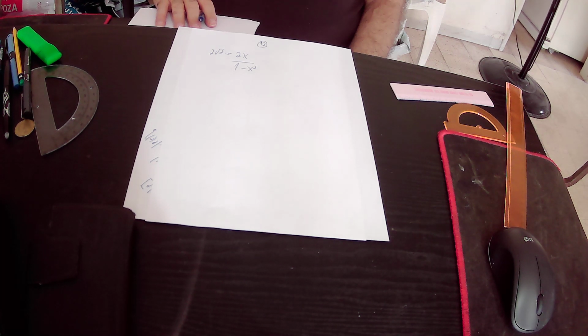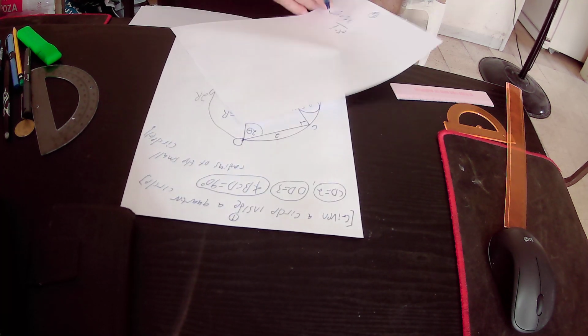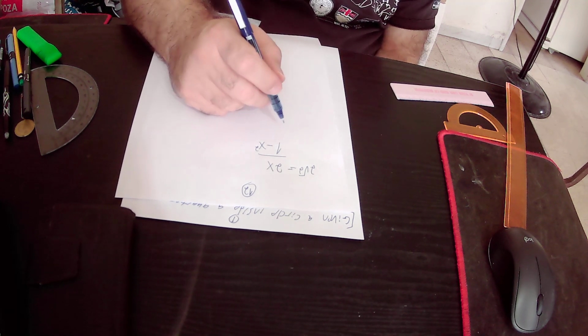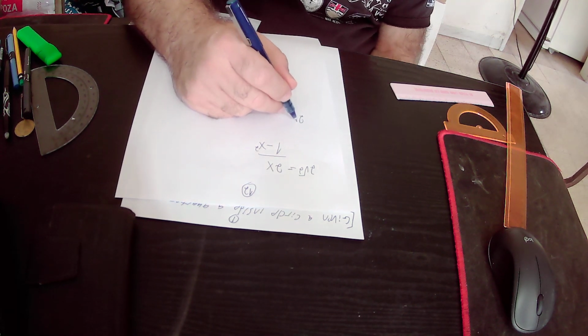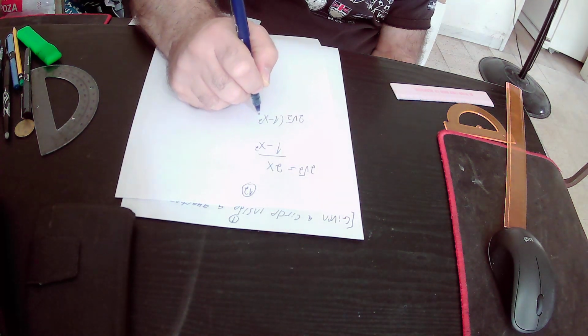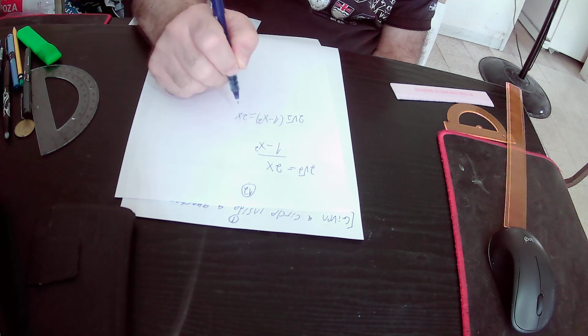Here we will multiply this equality by 1 minus x squared, and we will get 2 times root 2 times 1 minus x squared equals 2x.